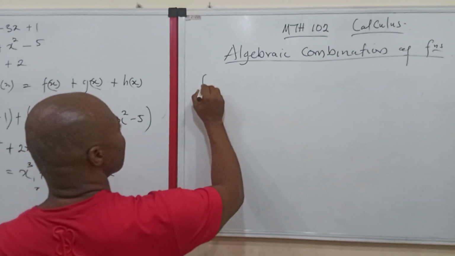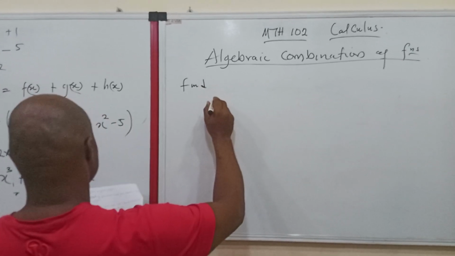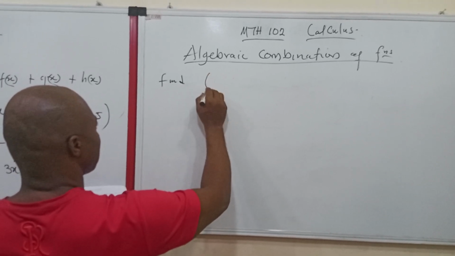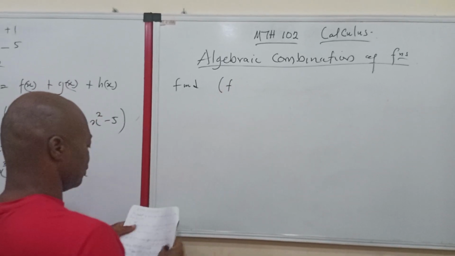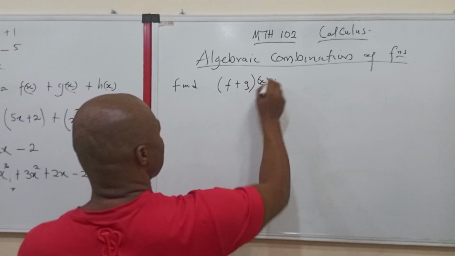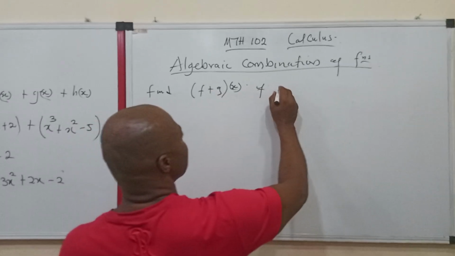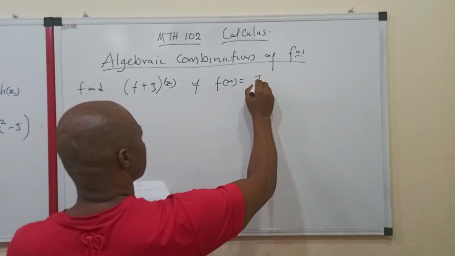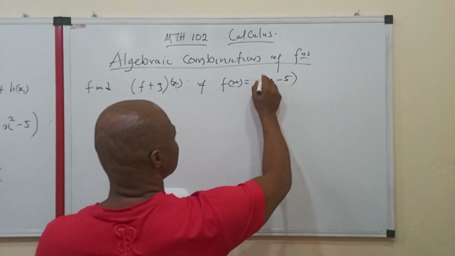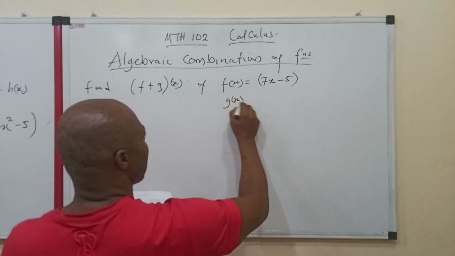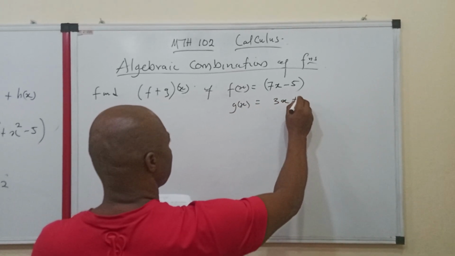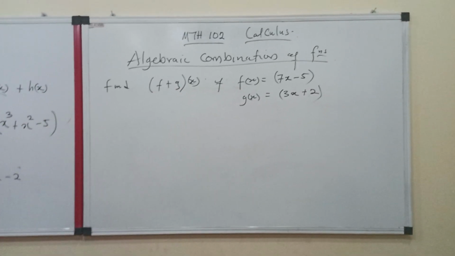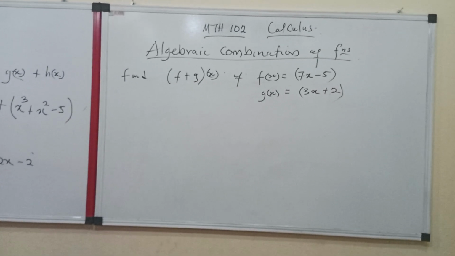I want the audience to find f plus g of x, given that f of x is equal to 7x minus 5, and g of x is equal to 3x plus 2. I want you to find that.